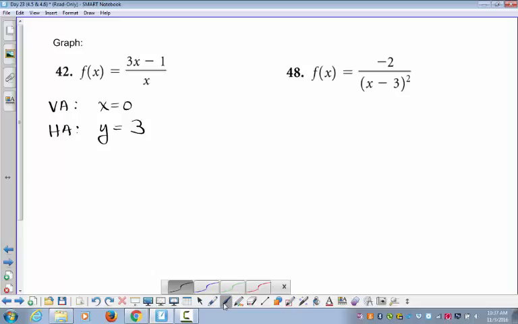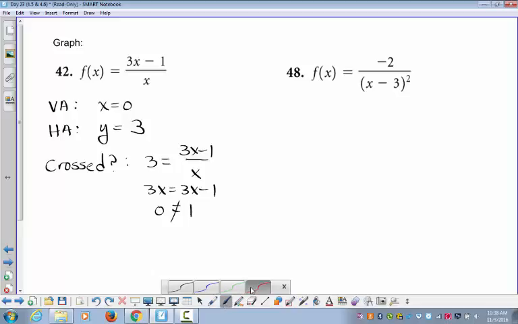All right, let's check whether the horizontal asymptote is crossed or not. So we set the asymptote equal to the function. We get 0 equals 1, and is it crossed?